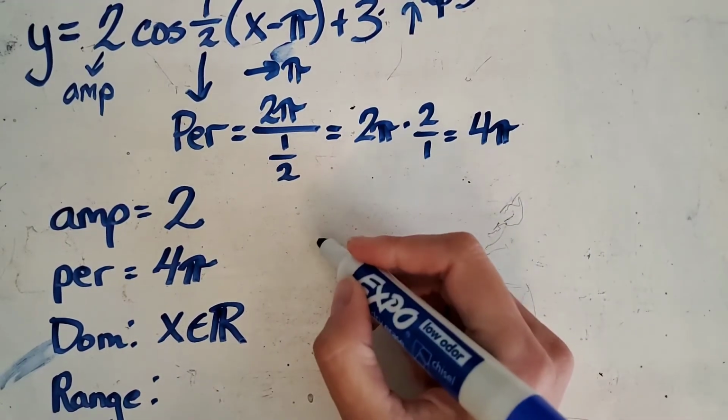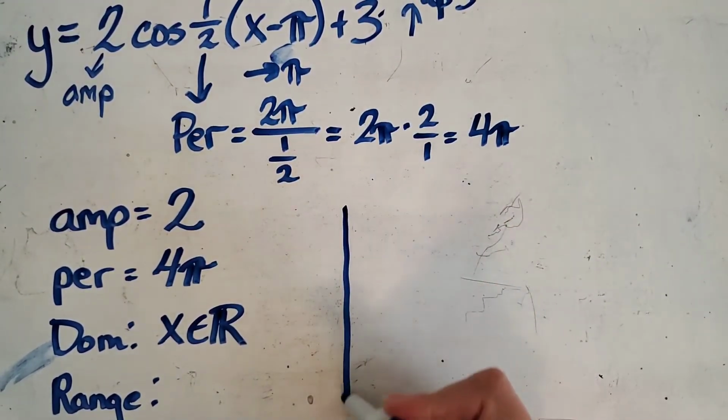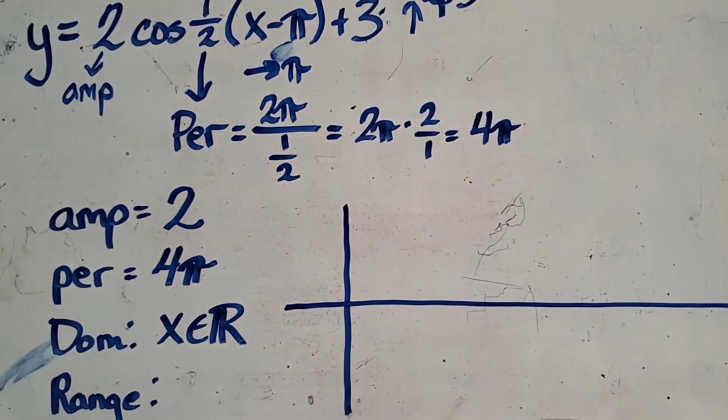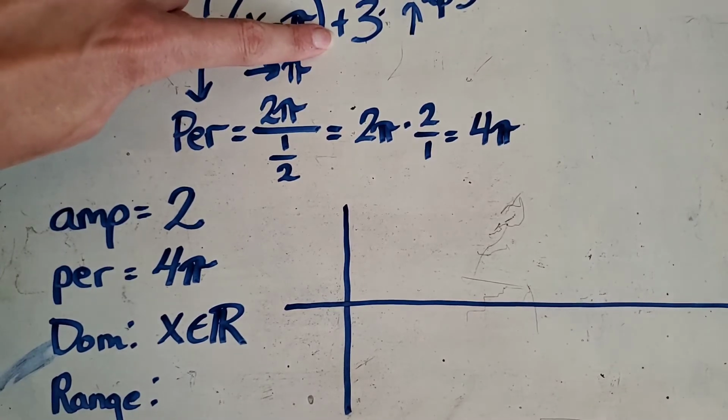So if I go to graph this, I want at least 2 cycles. And so I would like to put my shifting on first. And I'm already seeing that I probably should not have drawn that horizontal axis where I did, because look at this, I'm going to be shifting up 3.